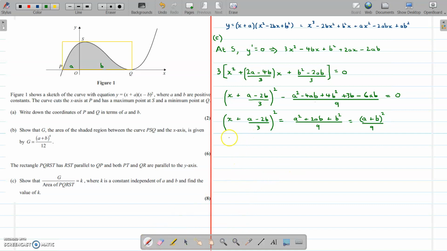So going back to this, we can say that x plus a minus 2b over 3, okay, so I've taken out the squared sign now, and that must be the square root of this, which remember would be plus or minus a plus b over 3.